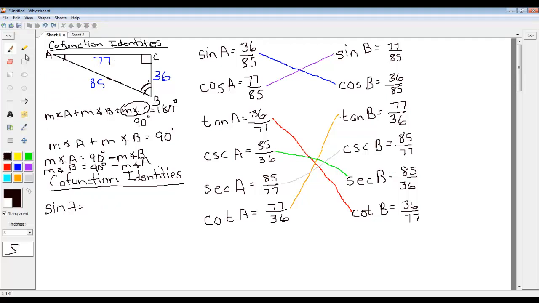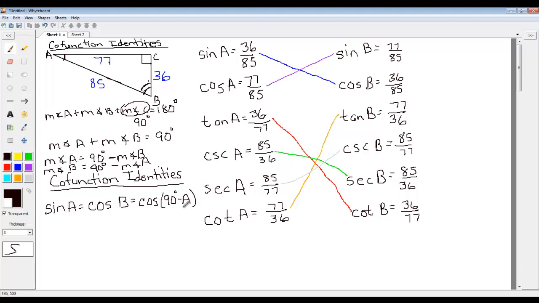Okay, sine of A is the same thing as cosine of B. Right here, sine of A and cosine B, the same value. And B can be written as 90 degrees minus A. So we could say that's the same thing as cosine of 90 degrees minus A.